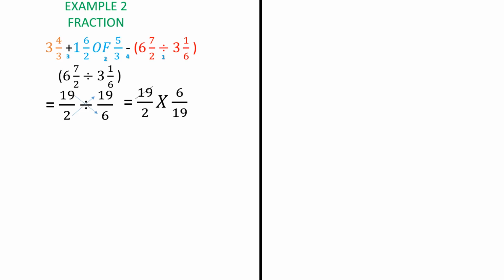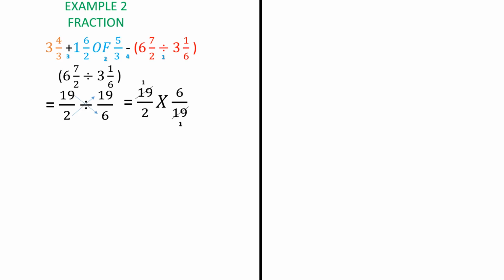So 19 there is going to cancel itself one time, and this 19 down here is going to also cancel itself one time. So therefore I am left with 1 times 6 divided by 2 times 1.